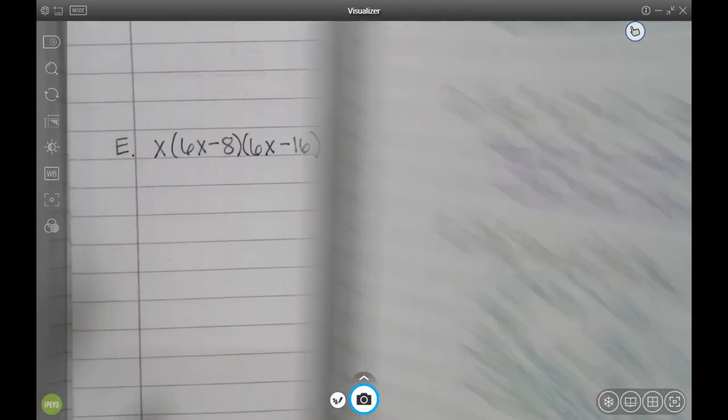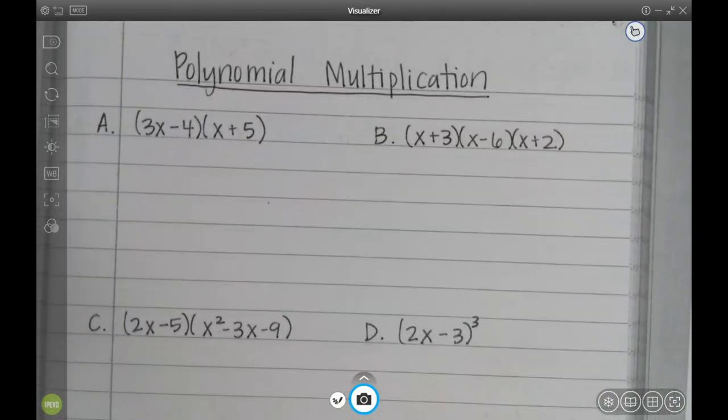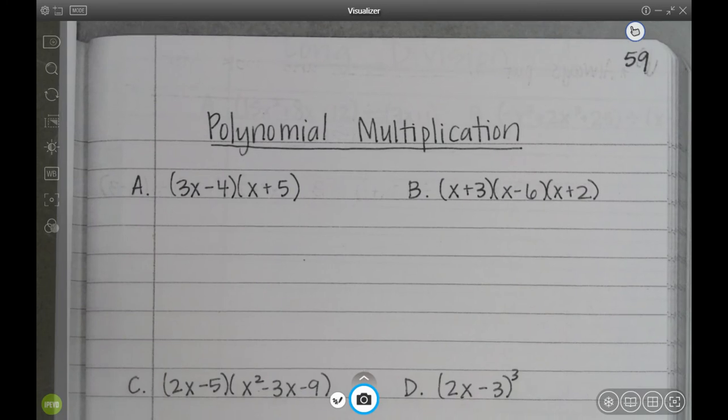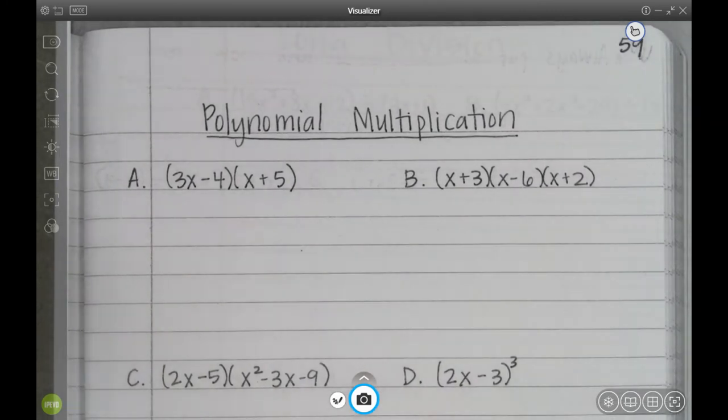Now we're going to go to page 59 and we're going to do some multiplication. It's the last page for today. Last page notes.